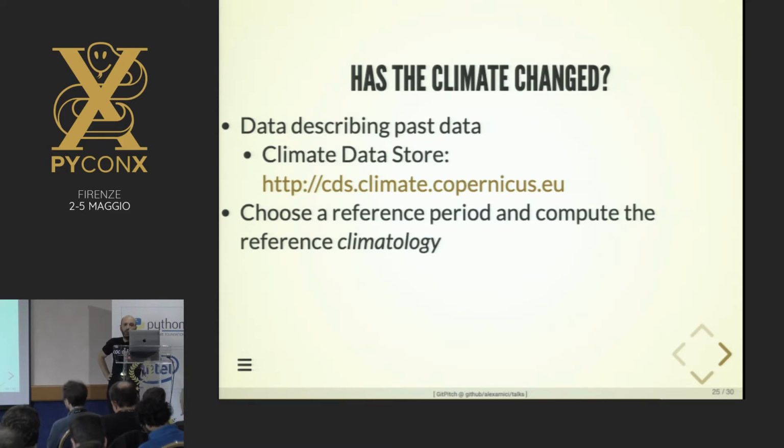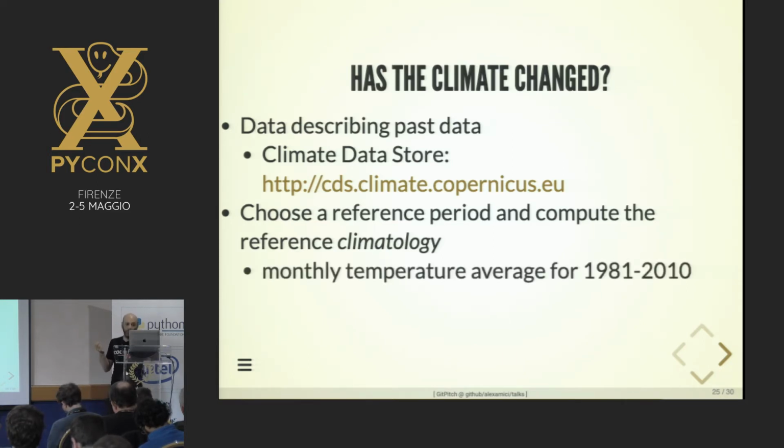And you need to choose a reference period. So you want to know the change with respect to what? You need to define a reference period and compute some reference statistics. We call it a climatology. For example, we can decide on a reference period from 1981 to 2010, and we ask what is the monthly average temperature in that period.